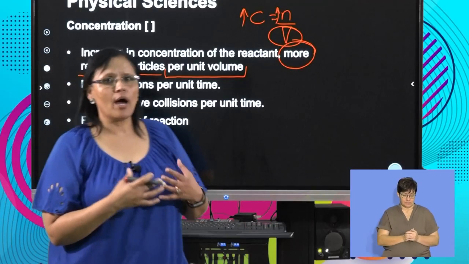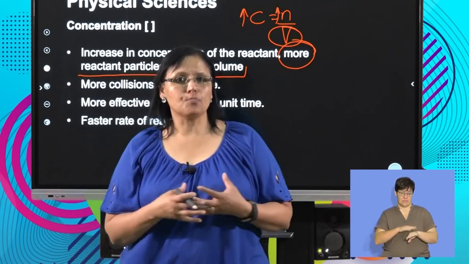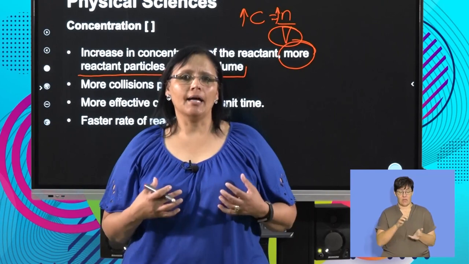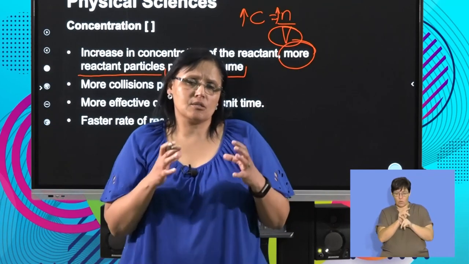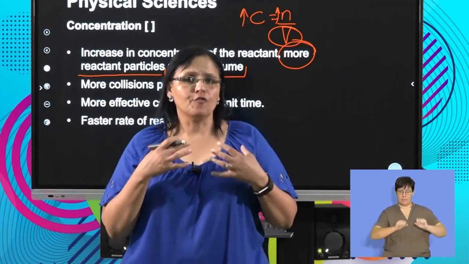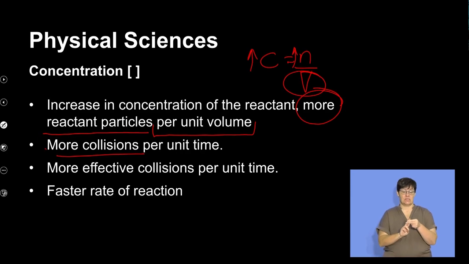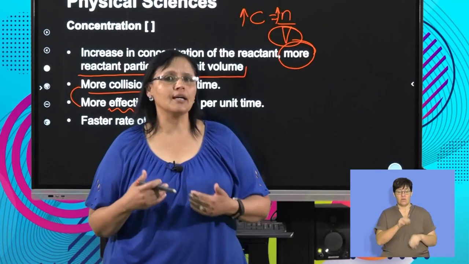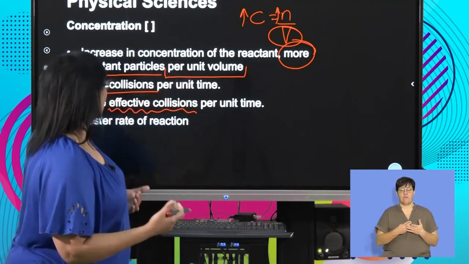So we now have more particles per unit volume, and those particles are colliding all the time because there's more in that small volume. And if there are more collisions per unit time, we have a likelihood of more effective collisions per unit time, and that leads to a higher rate of reaction. The reaction is then faster.